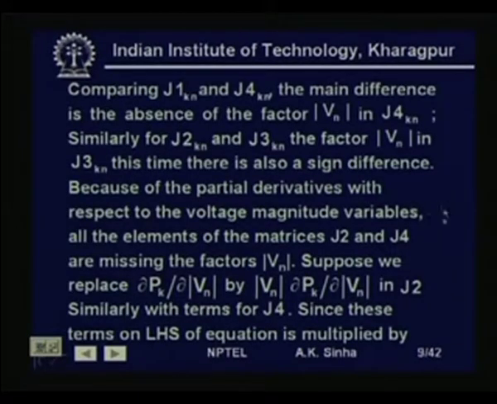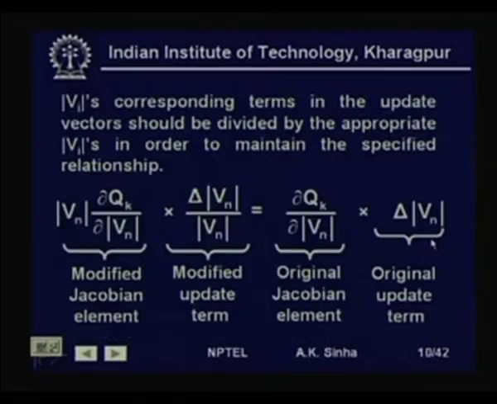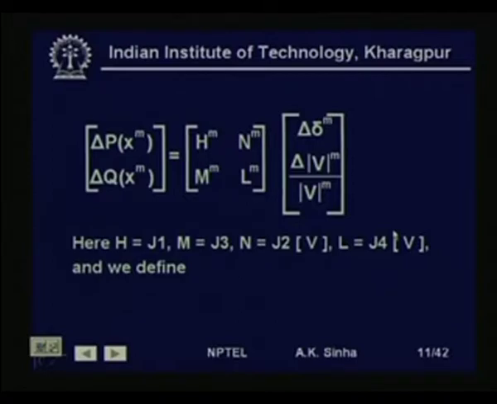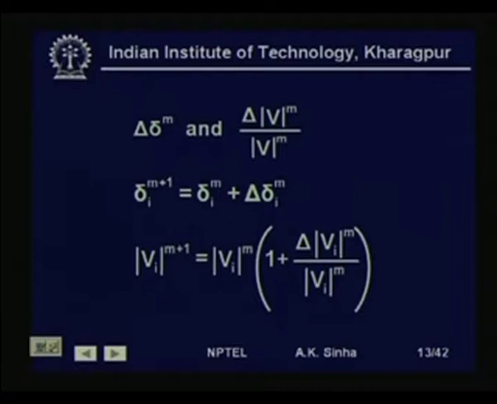I am sorry, there is a mistake here. This is a great advantage because you do not need to compute a large number of elements of the Jacobian matrix, if we use this modification, that is, multiplying the J2 and J4 terms by the voltage magnitudes. So this speeds up the computation for the Newton-Raphson method considerably.